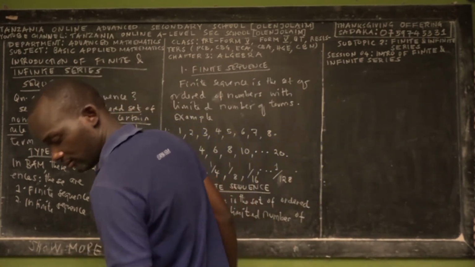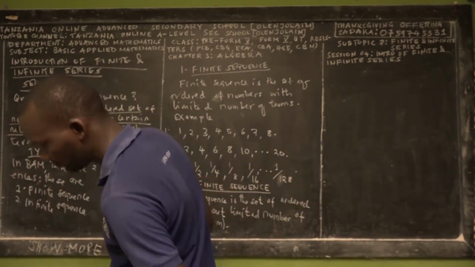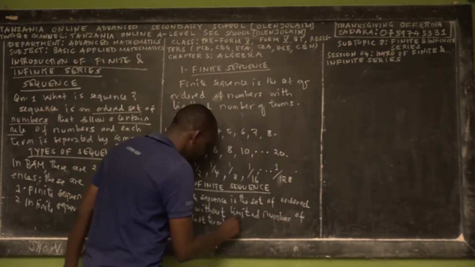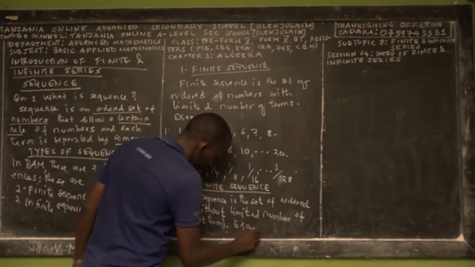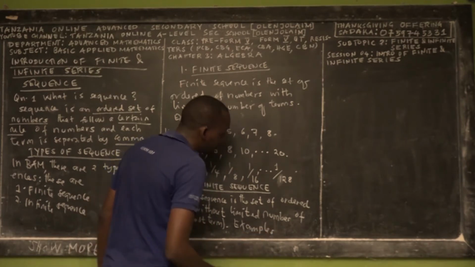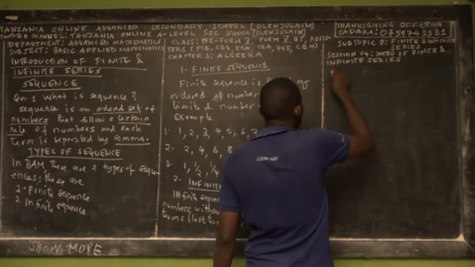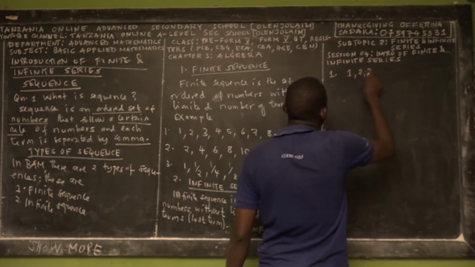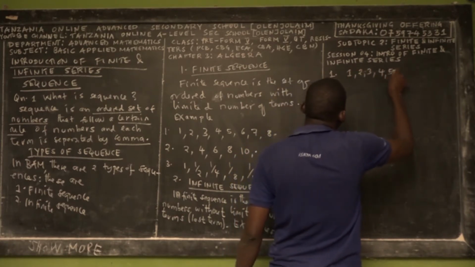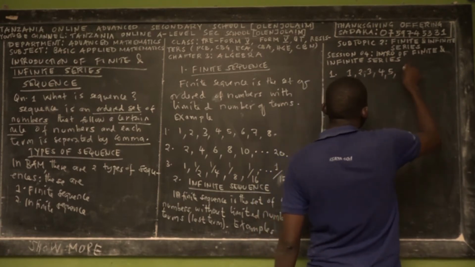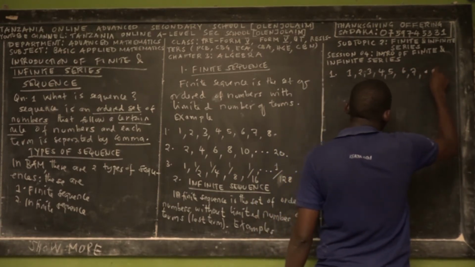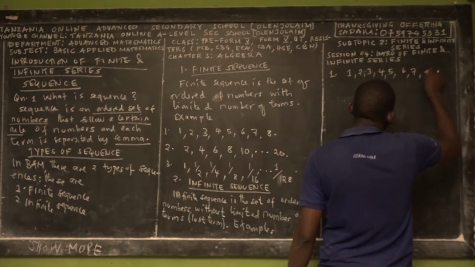Okay. So examples of infinite sequence is this: 1, 2, 3, 4, 5, 6, 7, and then continues to infinity.